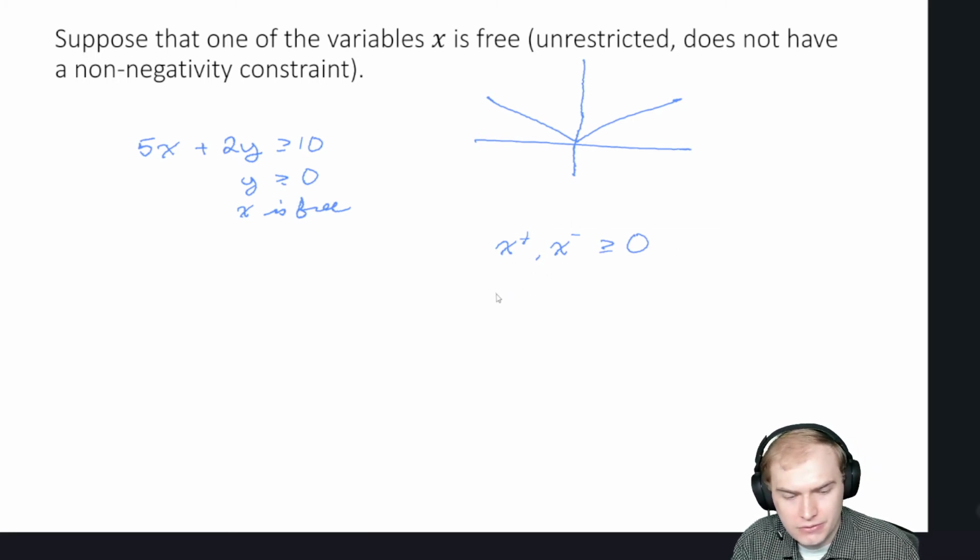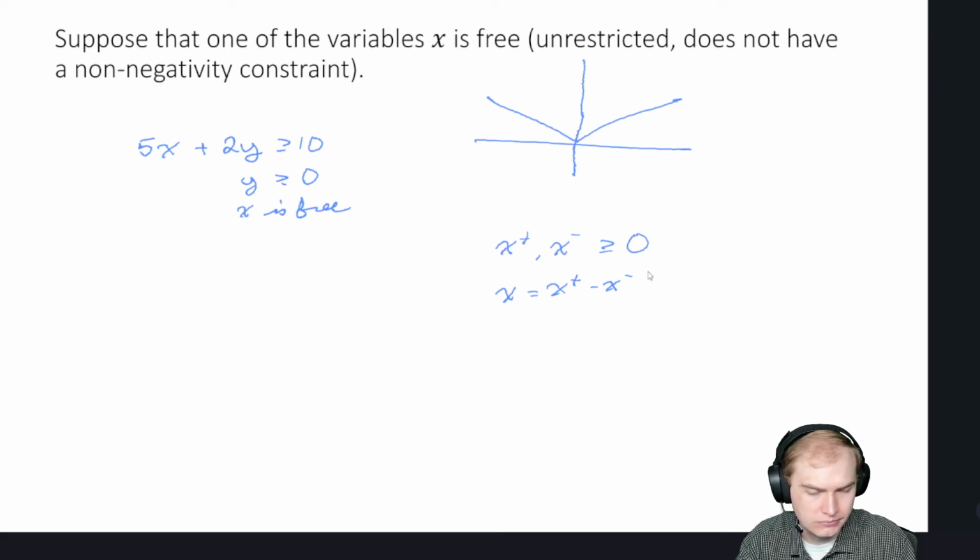And we're going to say that x is x plus minus x minus. This lets us express any real number as the difference of two non-negative real numbers.